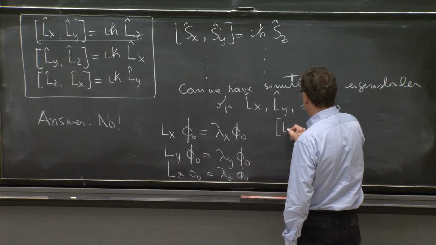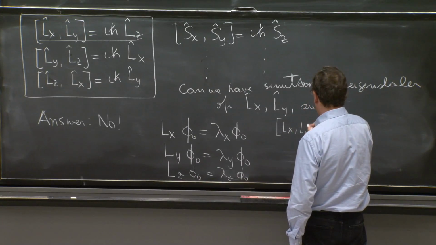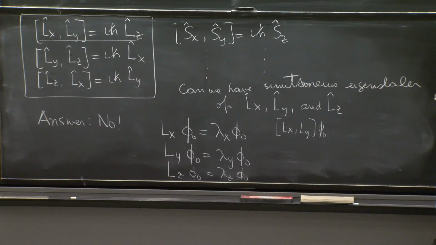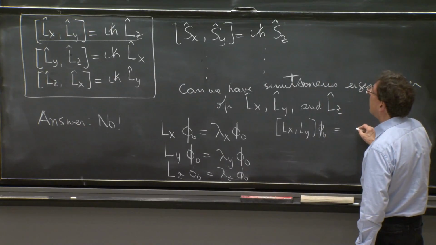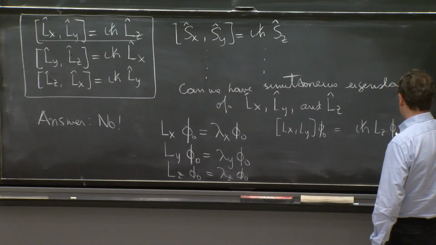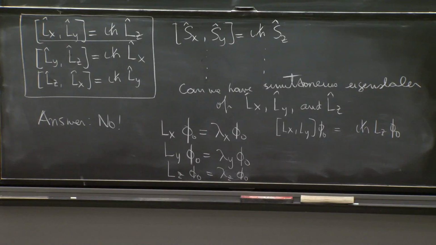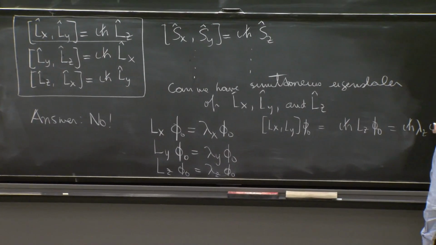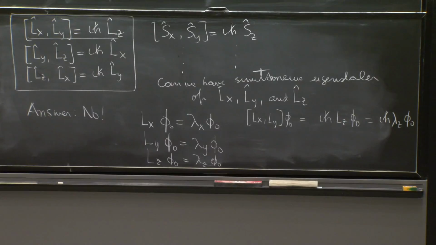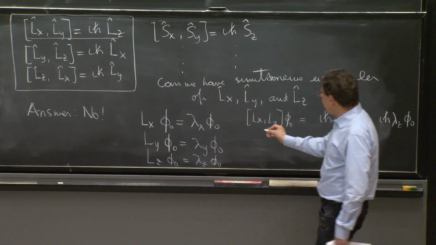If you do Lx, Ly commutator on phi naught, you're supposed to get i h bar Lz on phi naught. And therefore, you're supposed to get i h bar lambda z times phi naught, because it's supposed to be an eigenstate. But how about the left-hand side?